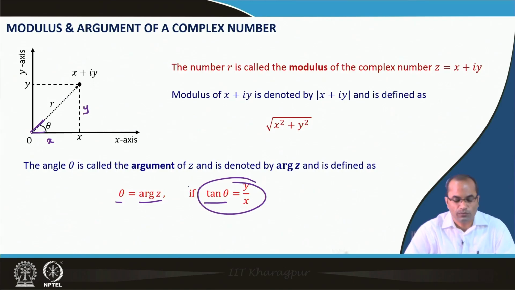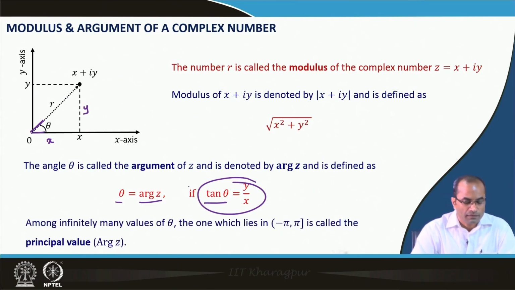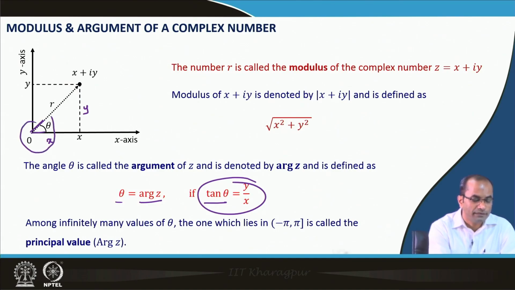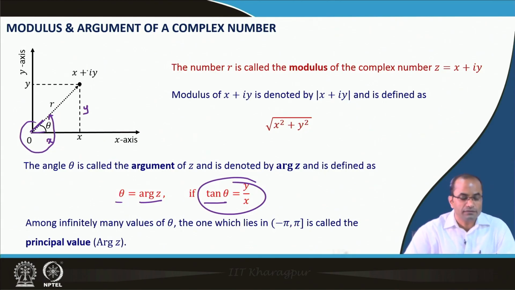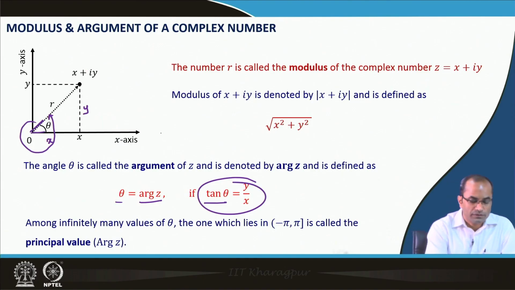This relation must hold for this theta, and if this is the angle theta and we go around again by 2 pi, if we add 2 pi, we will be back to the angle theta. So, if theta is the argument, then theta plus 2 pi is also the argument, or theta plus n into 2 pi, where n is any integer you take.